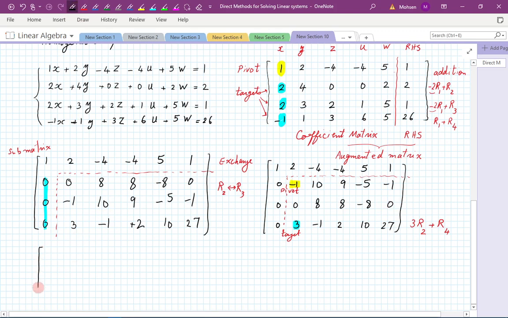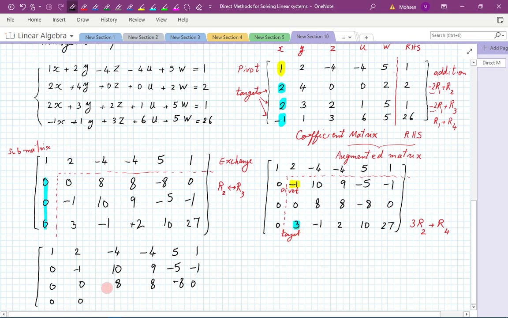Well, here is, we said the curse of dimensionality. We have to write plenty when we are doing this. So 0, minus 1, 10, 9, minus 5, minus 1, 0, 0, 8, 8, minus 8, 0, and then I have 0, 3 times minus 1, and this is going to be, of course, 0.